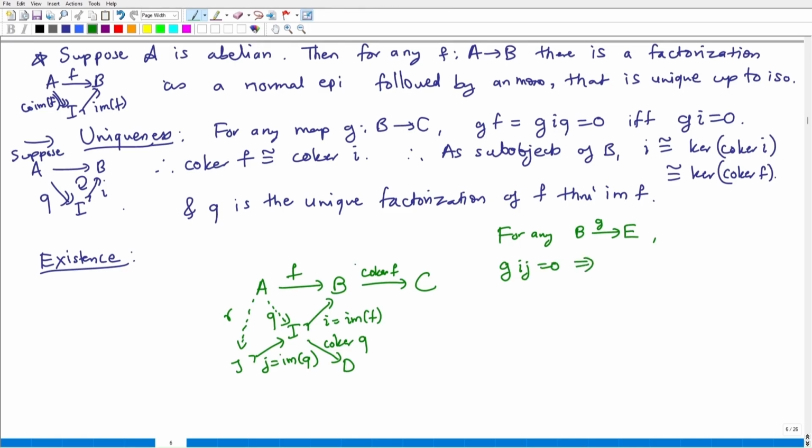Okay, so G is here, B to E. So GIJ is equal to 0. What does it imply? This triangle commutes, so therefore GIJR is equal to 0. If GIJ is equal to 0, GIJR is equal to 0, which means GIQ is equal to 0, which means GF is equal to 0.